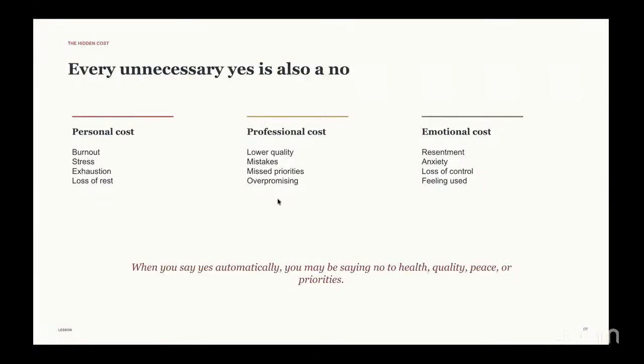Because every unnecessary yes is also a no. If someone asks you to do something that you actually don't have the time or capacity for, you're saying no to yourself. You're saying no to the quality of your work. So sometimes it's a good thing to ask yourself, what am I giving up by saying yes to this certain task or to this certain thing?